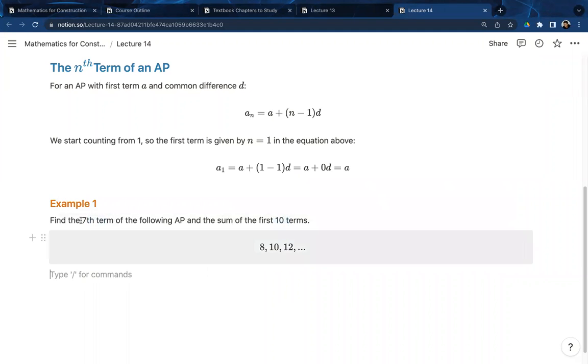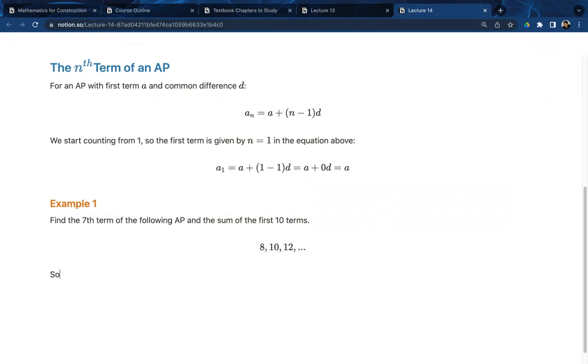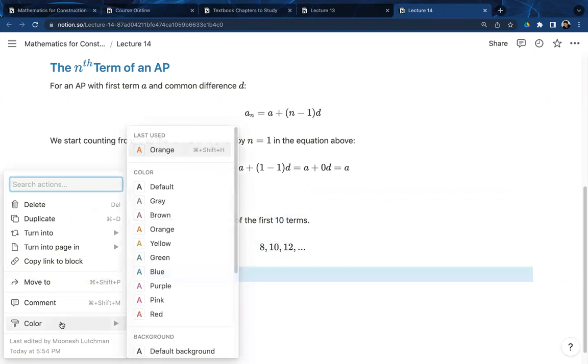Okay, so I give you this problem here, this arithmetic progression, which I told you is an AP. So you know how you do something like this. I'll show you the hard way and the easy way.